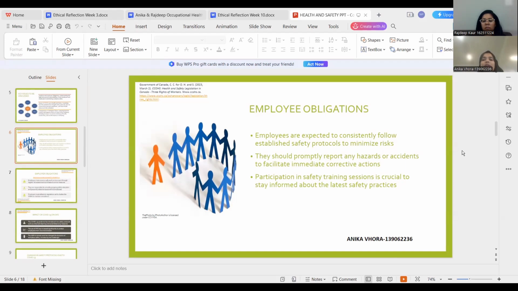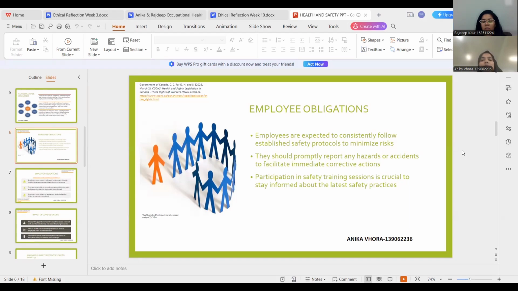So I'll be presenting another slide on employee obligations in detail. First of all, let's look at what is expected from the employees. Employees are expected to consistently follow established safety protocols to minimize risk, which is really beneficial. It's crucial that everyone adheres to these rules and keeps the workplace safe for all.